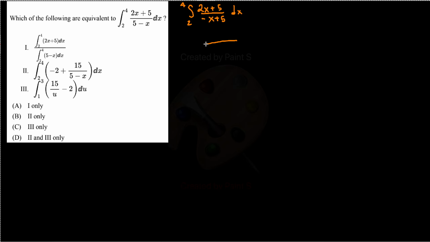So now I do that division. Negative x plus 5 into 2x plus 5. I divide in and I'm going to get negative 2 here, right? And then negative 2 times negative x is positive 2x. Negative 2 times positive 5 is negative 10. And I remember that I got to subtract that whole thing.